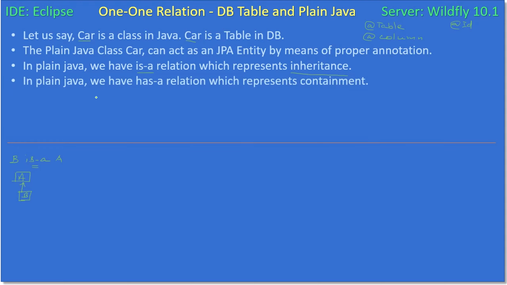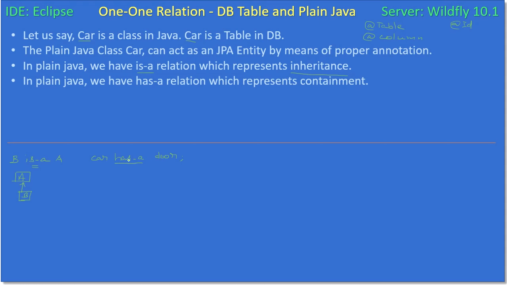Similarly, in plain Java we have a has-a relation also. Wherever has-a suits, at that time we can use the has-a relation. Say for example, in plain language, car has a door. Here we are not saying car is a door.